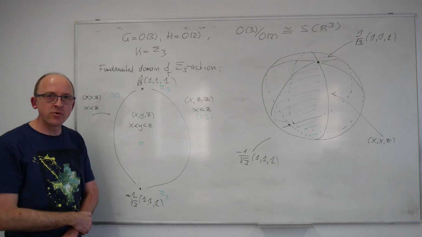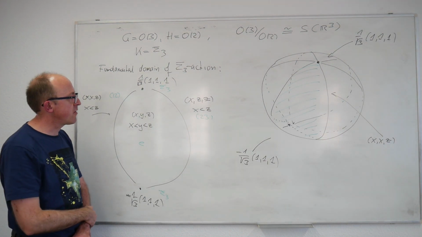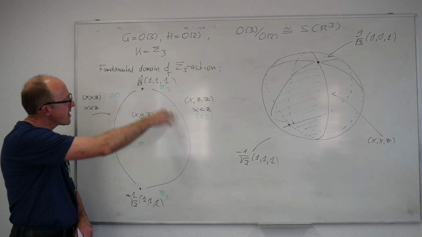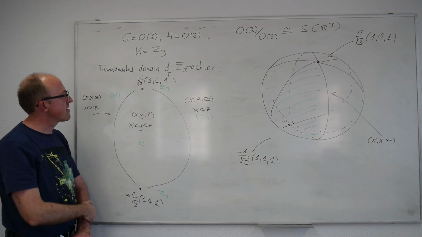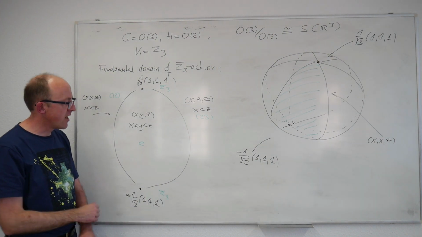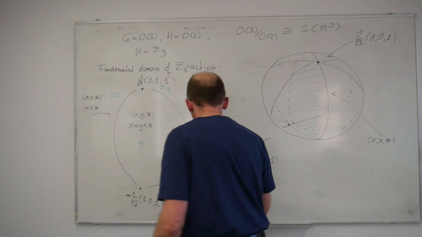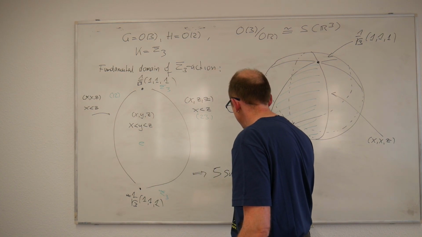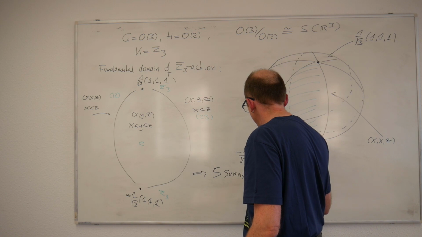So again, we get 2 contributions to the double coset formula from the conjugacy class of the transpositions. And then the interior of this segment is the entire connected component that corresponds to the trivial subgroup. So altogether we get 5 contributions, 5 summands in the double coset formula.